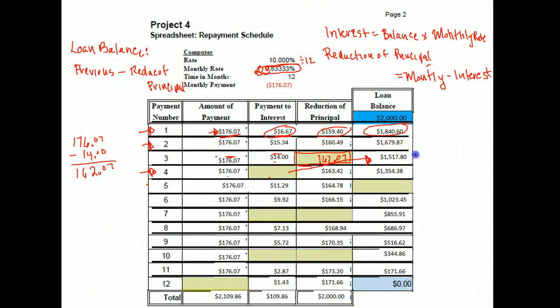So we're going to take this amount times our monthly rate, 0.0083333, and that will tell us how much interest we are owing right now. Okay, when I do that, I get $12.65. So that is the amount that would go right here. $12.65.